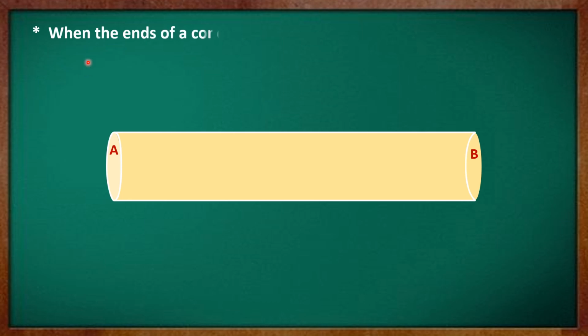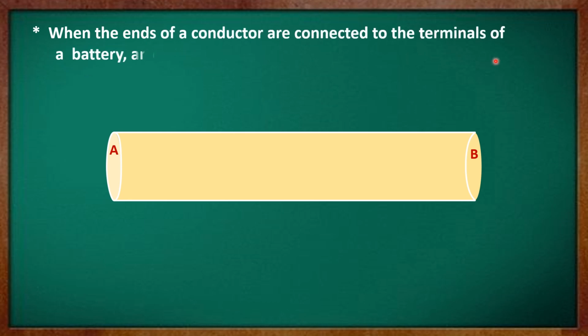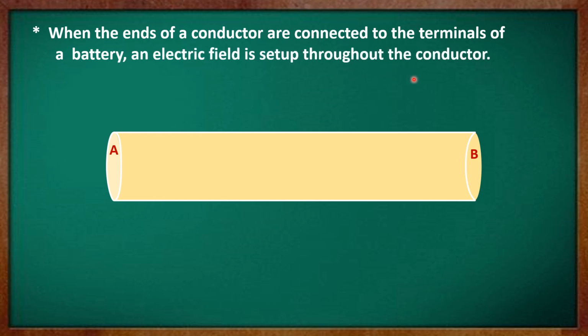When the ends of a conductor are connected to the terminals of a battery, an electric field is set up throughout the conductor, and here the length of the conductor is L. As soon as a battery is connected, an electric field is set up immediately, simultaneously along the length of the conductor.